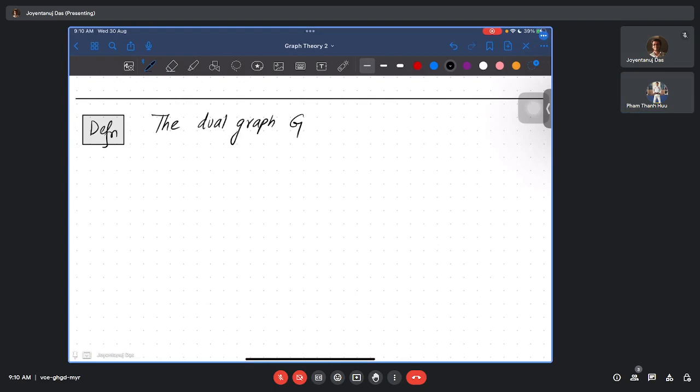The dual graph G star of a plane graph G is again a plane graph whose vertices correspond to the faces of G.